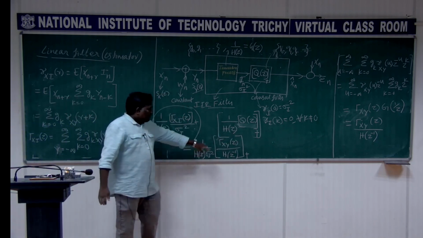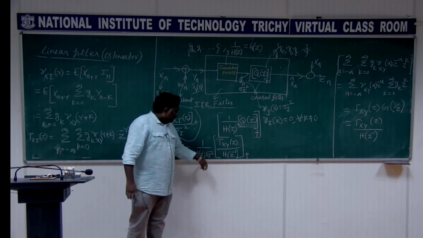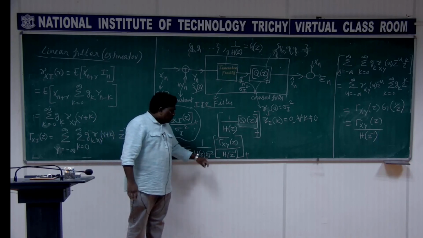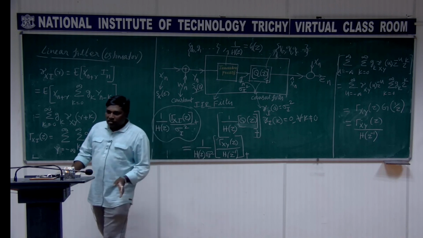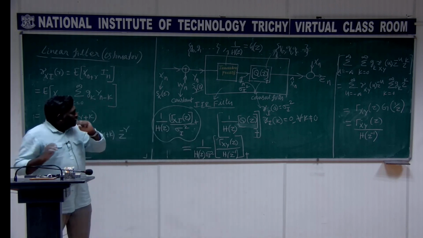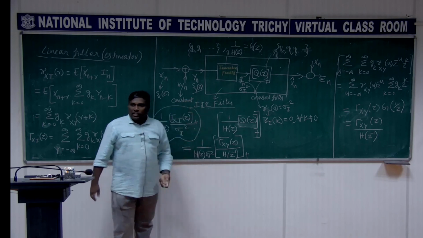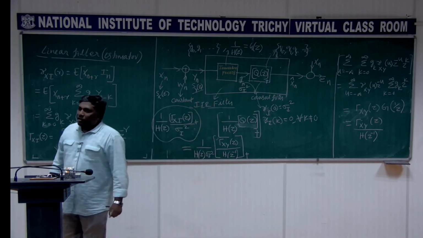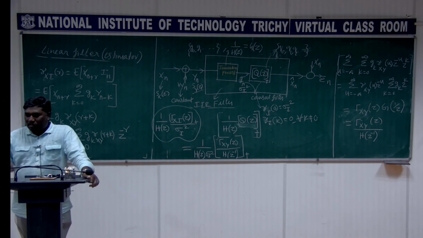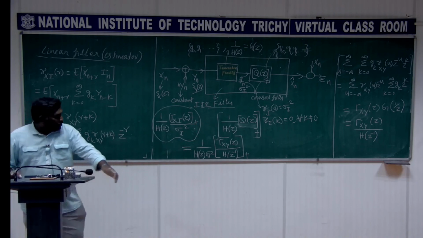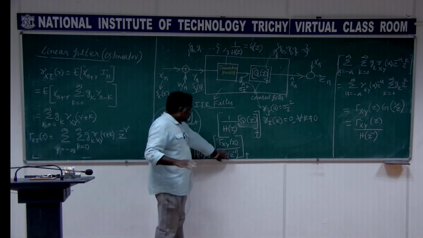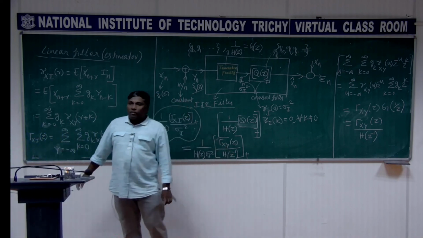If I know this spectral density, we know it starts with your sigma I square h of z, that is very straightforward. If I know the spectral density of sy of z, because sy of z is nothing but what? Sigma I square h of z into h of 1 by z, job over. Once you know this h of z, these things are known, and this is gamma xy of z.